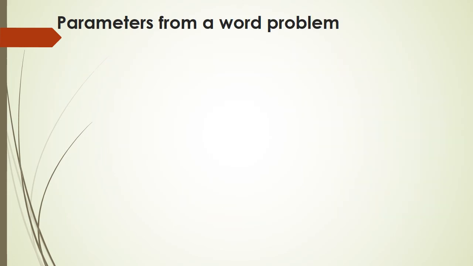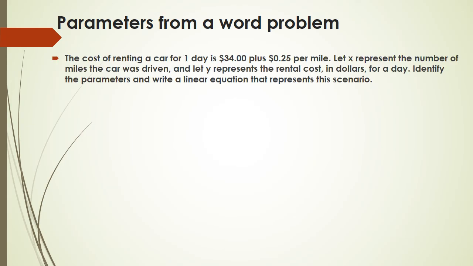Now, let's take a look at how we can find the parameters from a word problem. Let's take a look at the first example. The cost of renting a car for 1 day is $34 plus 25 cents per mile. Let x represent the number of miles the car was driven, and let y represent the rental cost in dollars for a day.